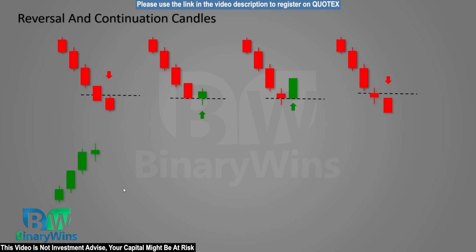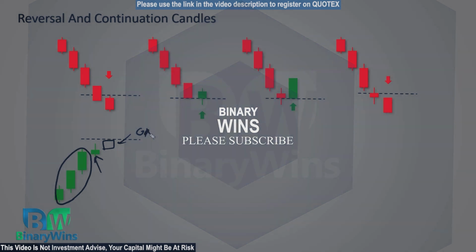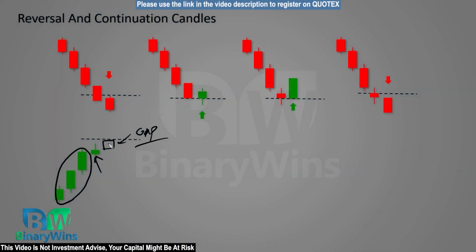Also, in the upward trend, if a green spinning top candlestick is formed at a distance from the level, because of the momentum trend, the formation of a green candle and the distance or gap to the level, we can enter a buy trade or higher trade.